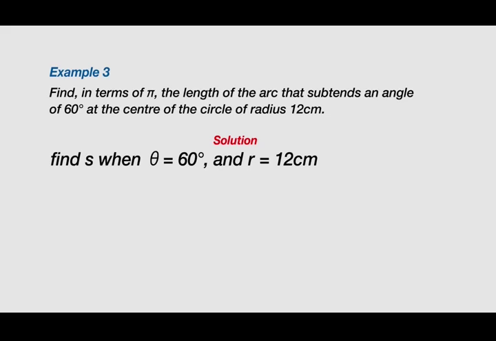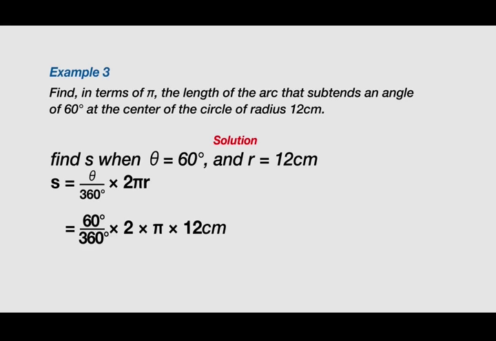So we put down our formula which says S is equal to theta over 360 times 2 times pi times r. Our angle is 60 degrees. So we have 60 over 360 times 2 times pi times r. And the r is 12 centimeters. So you cancel whatever things you can cancel from that expression, and your answer becomes 4 pi centimeters.